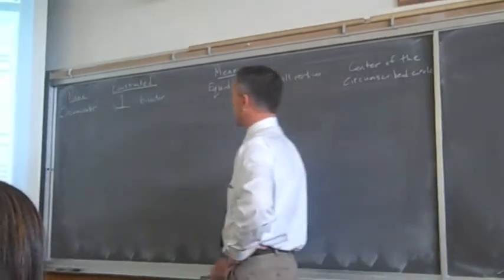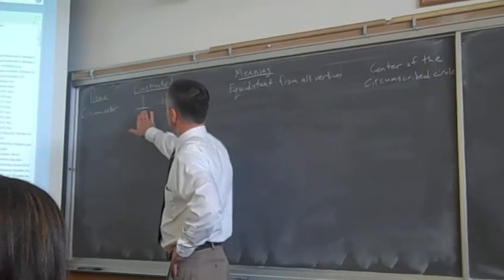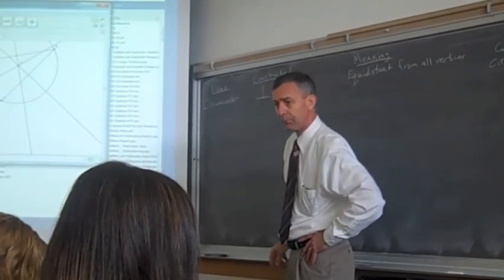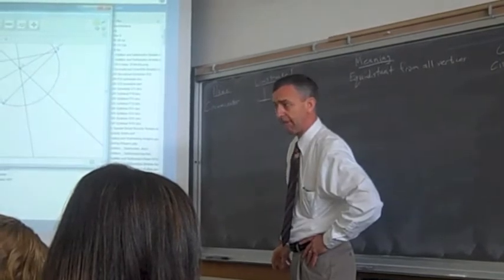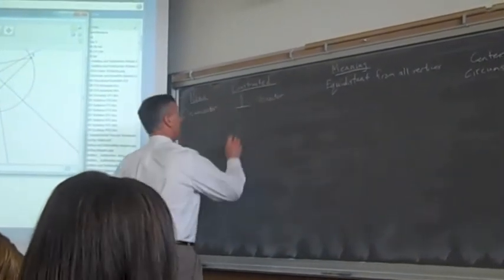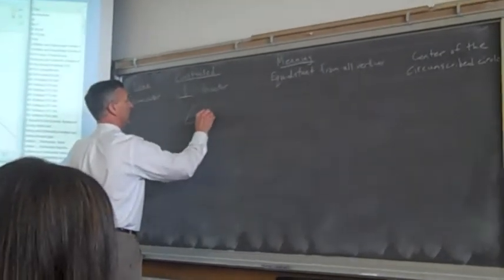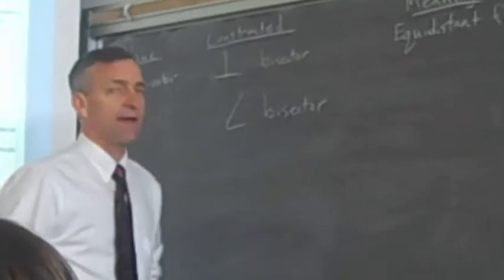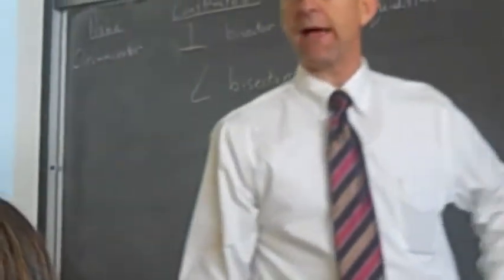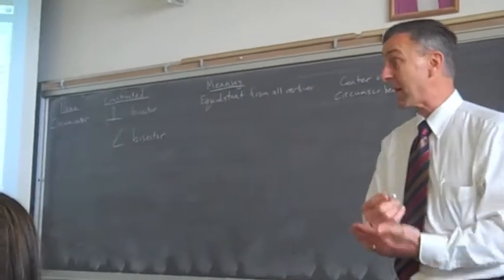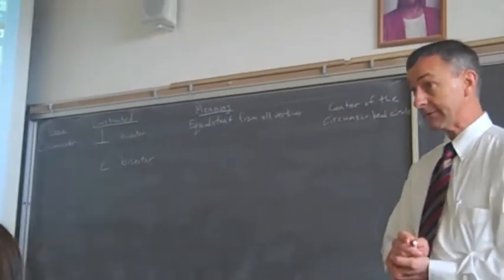Well, in your homework, we constructed the perpendicular bisectors. What else did we ask you to do? Angle bisectors. Okay. When you did the angle bisector, they also intersected at the same point of concurrency, right? All 3 angle bisectors, right?